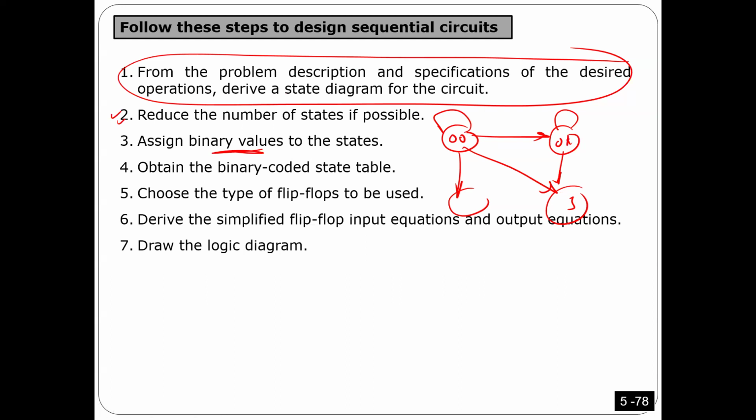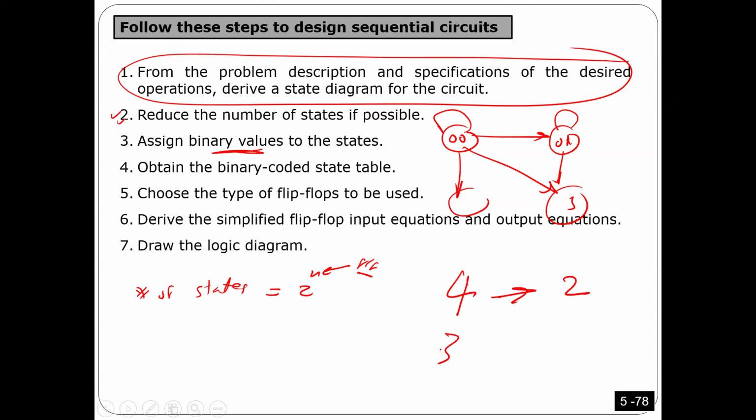I gave you a very simple way last time. The number of states you have should be less than or equal to 2 to the power of n, where n is the number of flip-flops. That means if I have 4 states, I need two flip-flops.